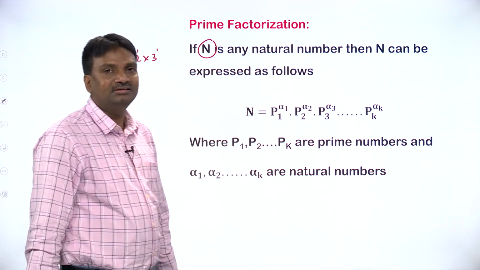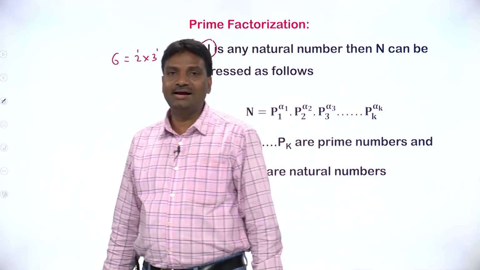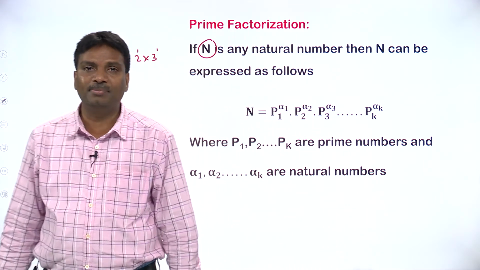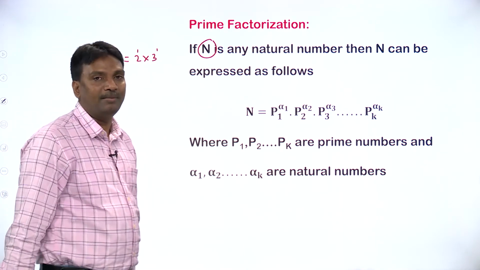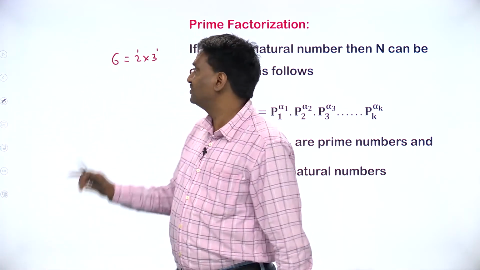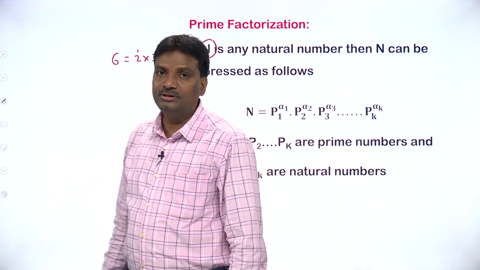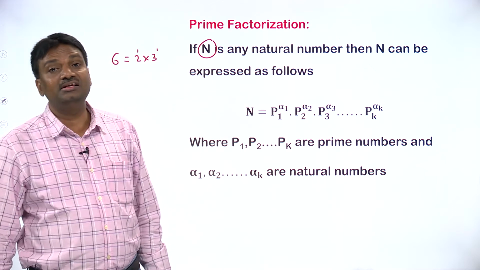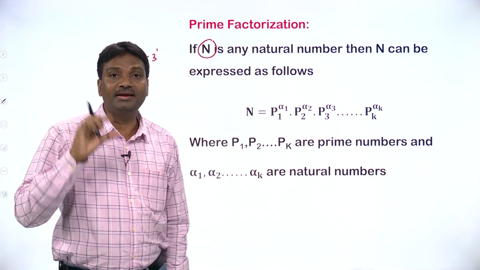So, we can write 6 as 2 power 1 into 3 power 1. Clearly, the bases 2 and 3 are prime numbers and the powers are 1. The power of 2 is 1, the power of 3 is also 1, where 1 is clearly a natural number.